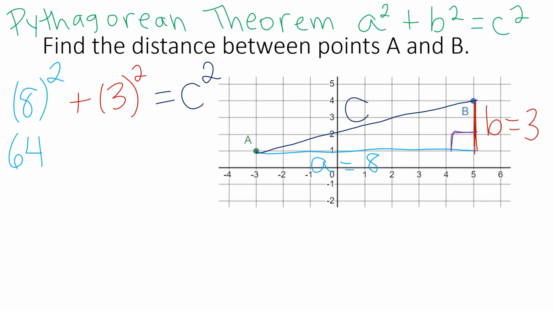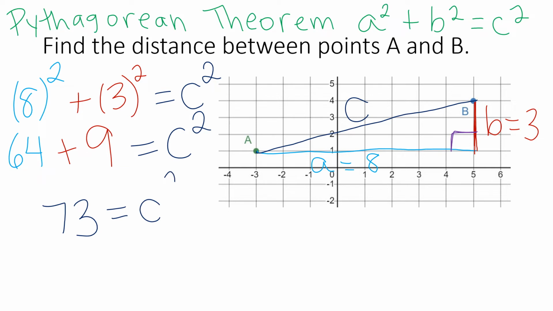And 3 squared is equal to 3 times 3, which is 9. And of course, all of that still is equal to c squared. Now we're going to add 64 and 9 to get 73.